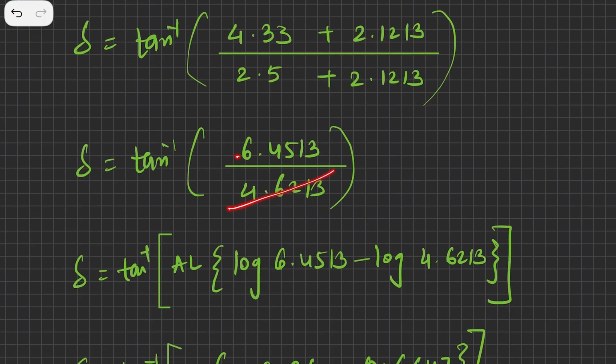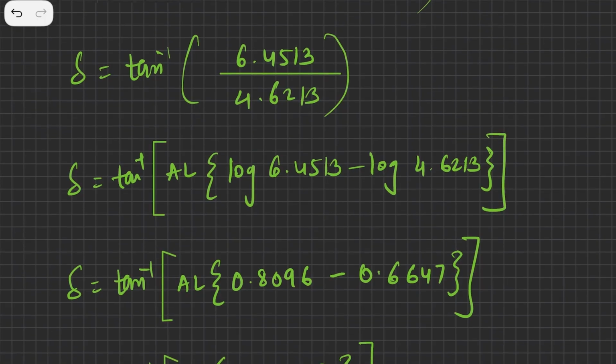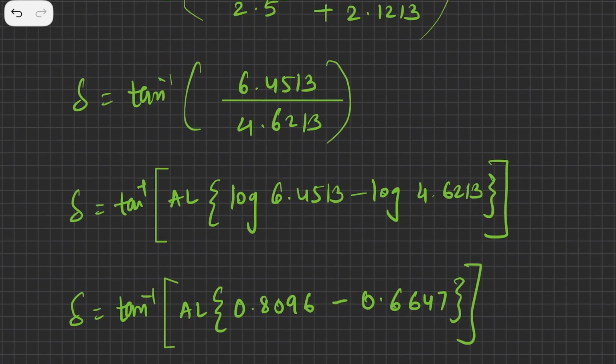Now division of these 2 numbers would be difficult by regular math. So I have again applied logarithm inside the tan inverse function. Using a calculator, this would be a very easy piece of cake. But in case you are not allowed to do so, then you go by your regular anti-log and log.